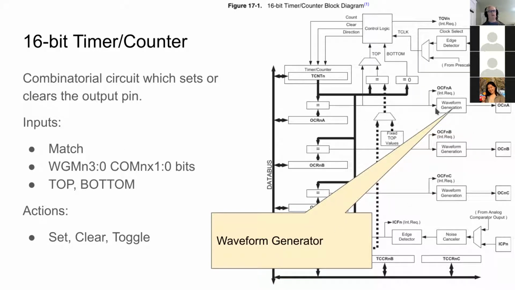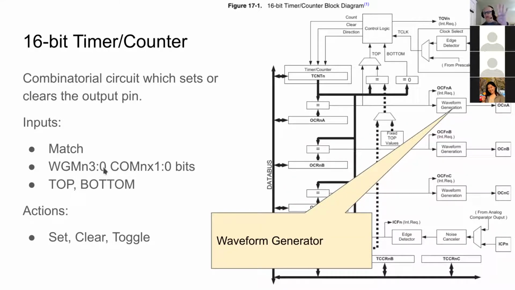The inputs to this waveform generator are the match, which is this equality detector, and also bits in the control registers. These are waveform generation mode bits, and I forget what those stand for, actually. We'll figure it out. Clock something mode bits. Clock overflow mode bits, that's what they are. And 3:0 means 0, 1, 2, and 3.